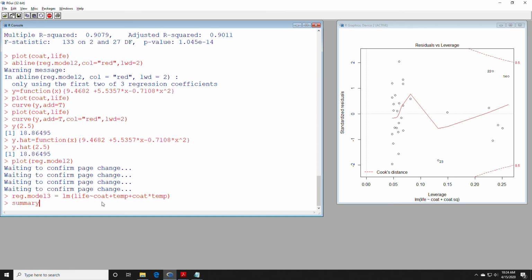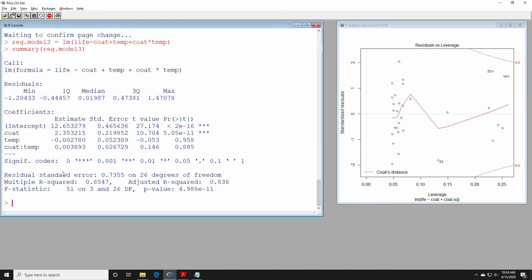So summary reg.model 3. Right, we have y is equal to beta naught plus beta 1 times x1 plus beta 2 times x2 plus beta 3 times x1 times x2.